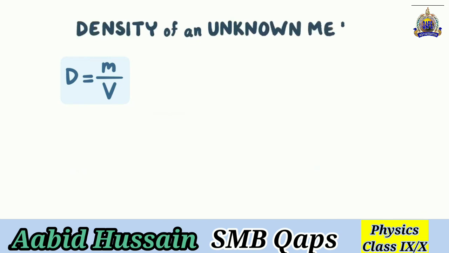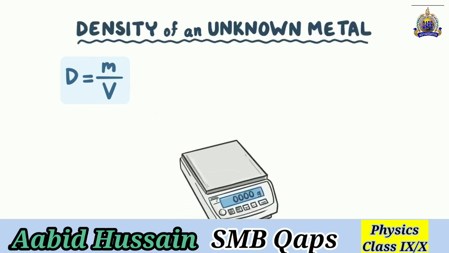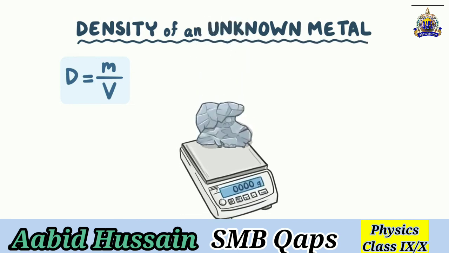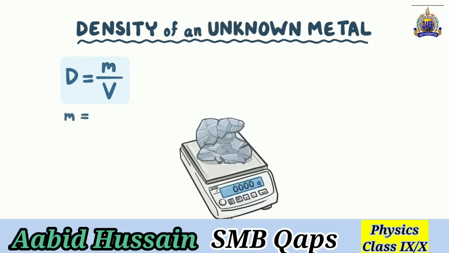So the density of an unknown metal: if we have a metal and we don't know how much density is present in that metal, how can we calculate this? We have a method: first of all we calculate the mass of that metal.